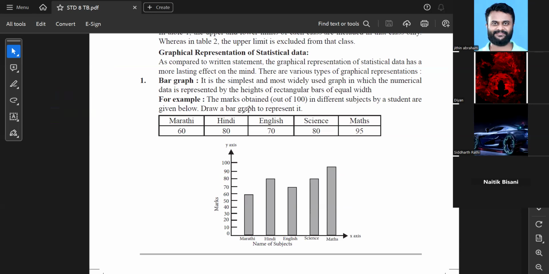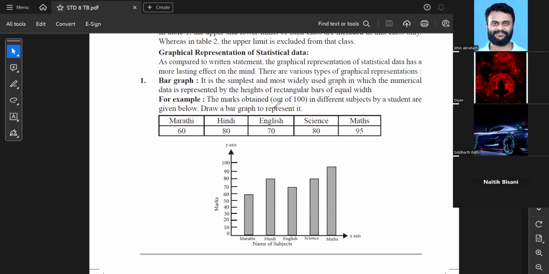Therefore, we need to learn to draw different types of graphs. There are different types of graphs available. The first type of graph is called a bar graph. It is the simplest and most widely used graph in which the numerical data is represented by the heights of regular bars of equal width.